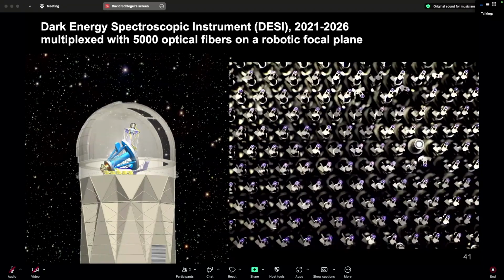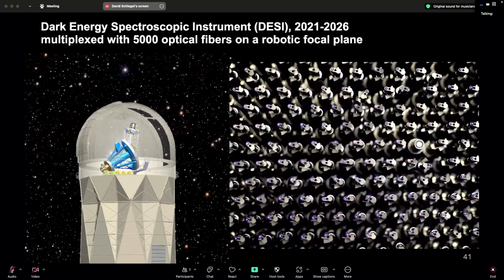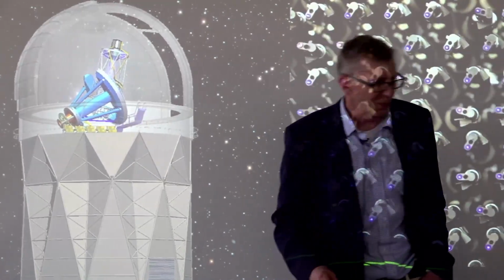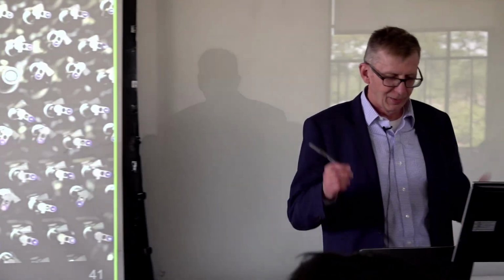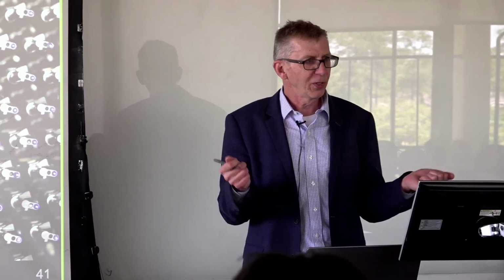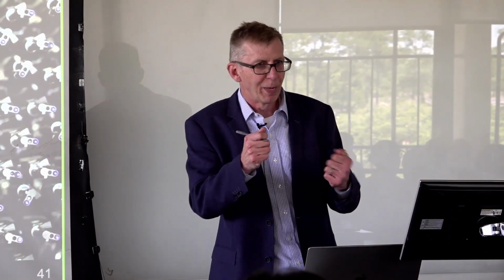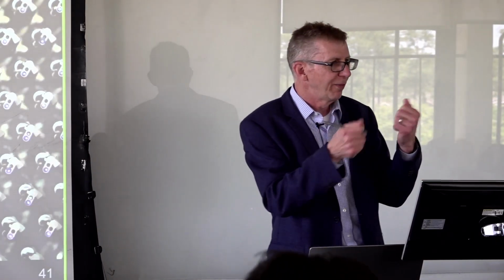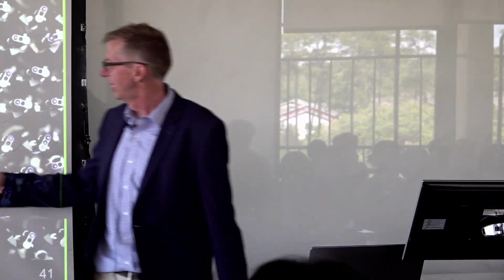So this is using a different, larger telescope in Arizona now, where its focal plane, instead of these plug plates, still uses fiber optics, but each fiber optic plugs into a robot, and these robots reconfigure which galaxies they're pointed at. So this is going to be most of what I tell you about tomorrow. Okay, but this is just a summary of what this project looks like.